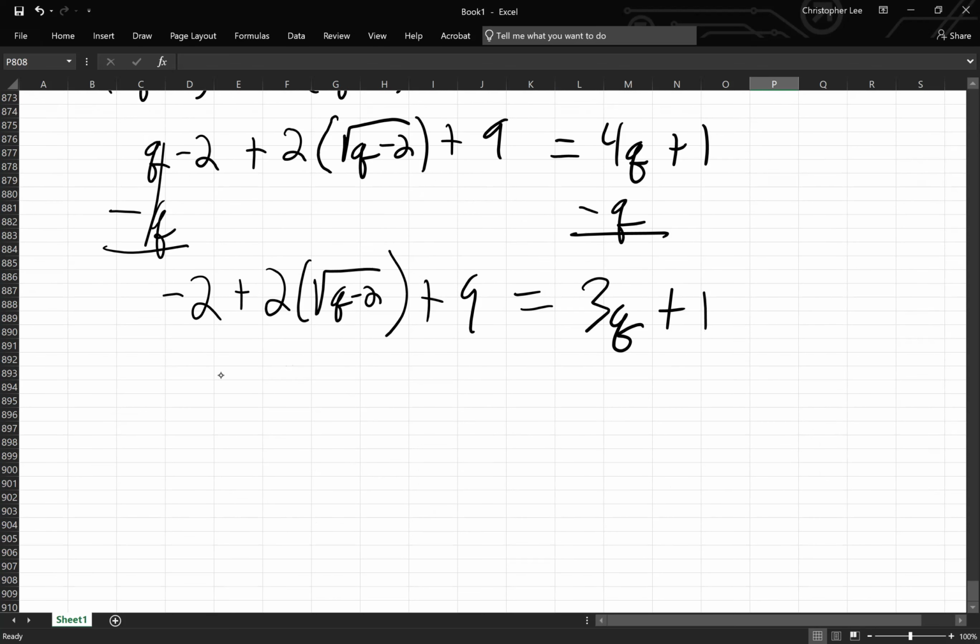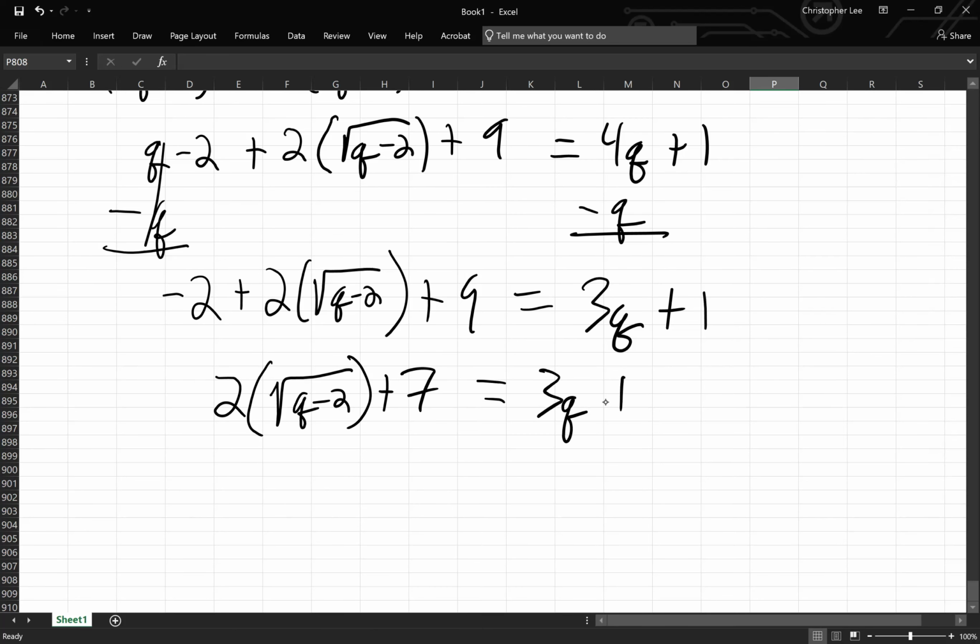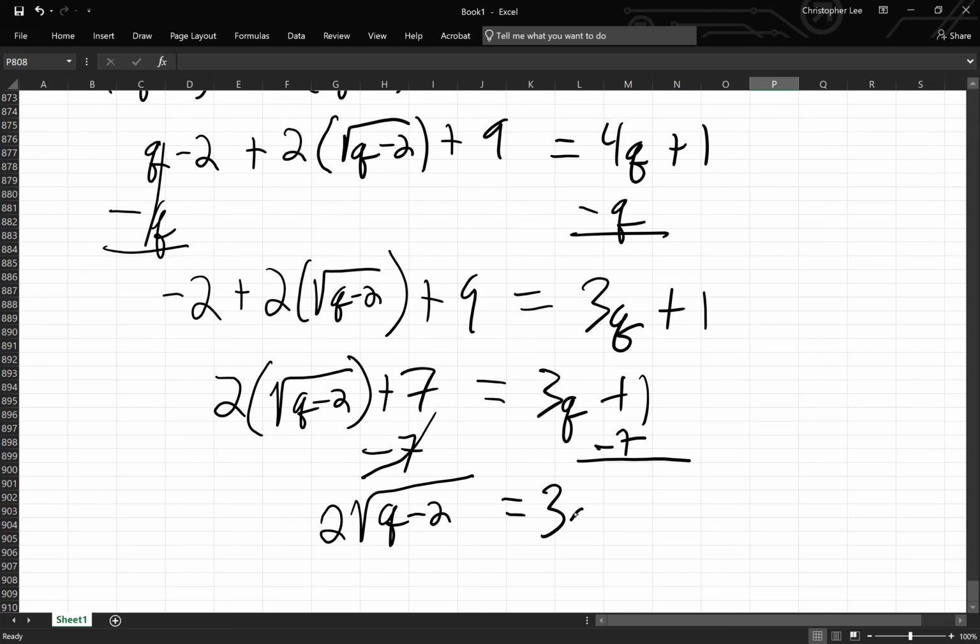Negative 2 and 9 is 7. So this is 2 square root of q minus 2 plus 7 is equal to 3q plus 1. I'm going to subtract 7. So now we have 2 square root of q minus 2 is equal to 3q minus 6.